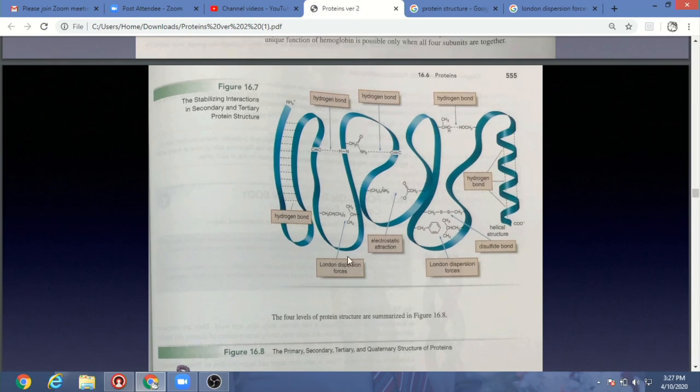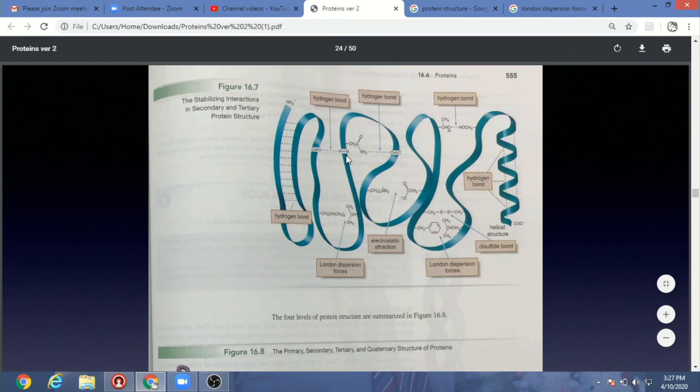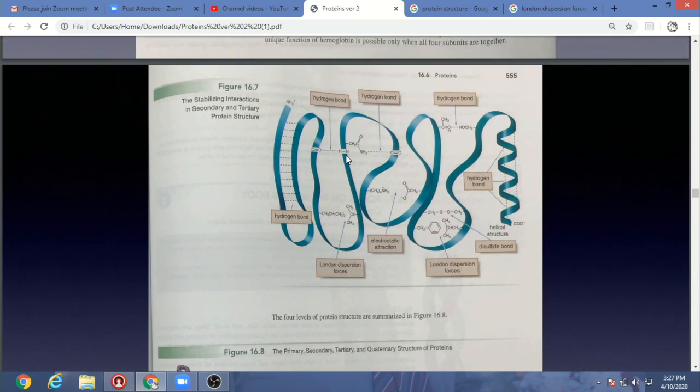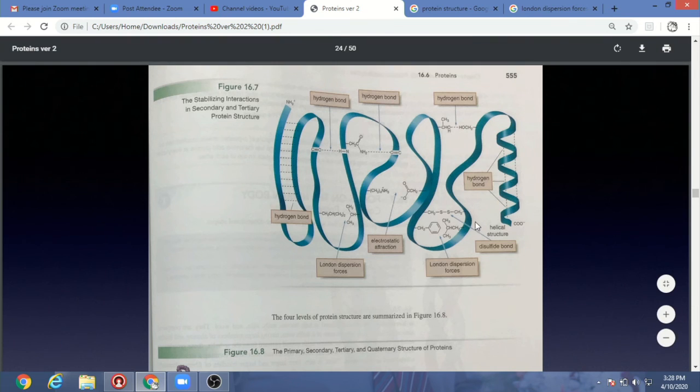But I love this picture. You could cut this out with scissors and put it on your wall, or screenshot it, or circle it. This is a really cool picture that shows you all of the different interactions that could take place. You have hydrogen bonds that could take place this way, and this way.